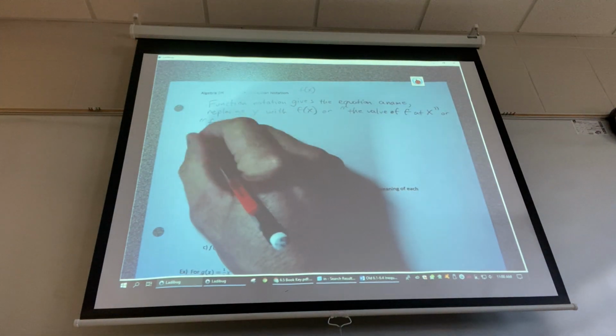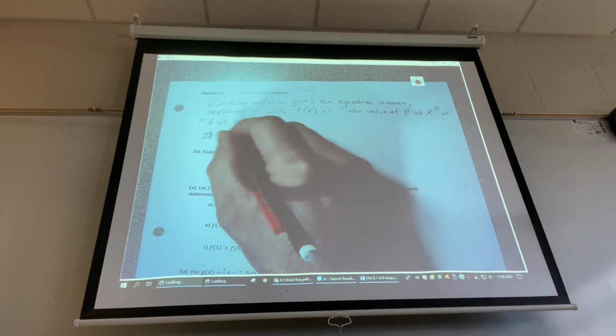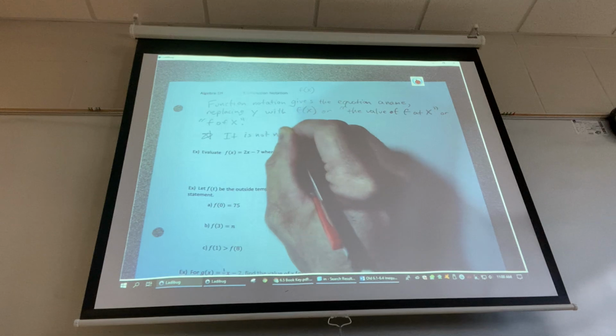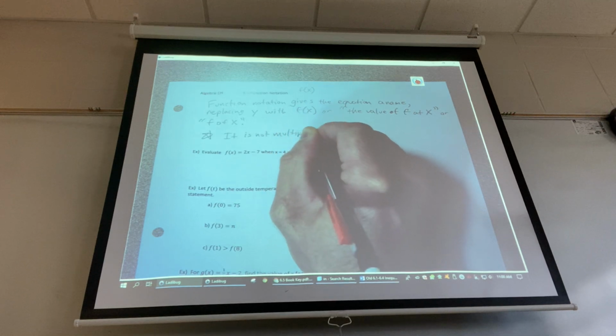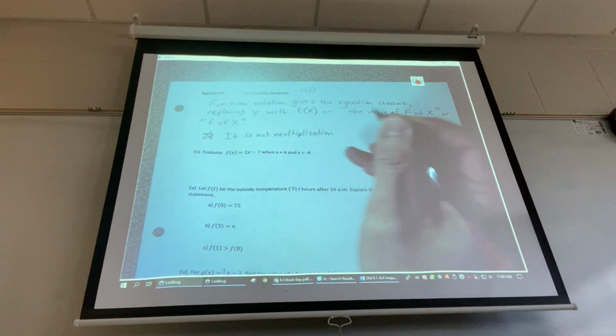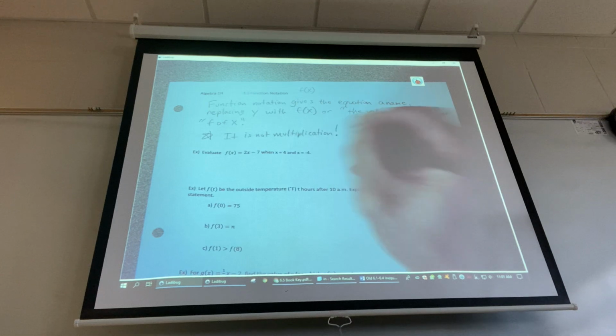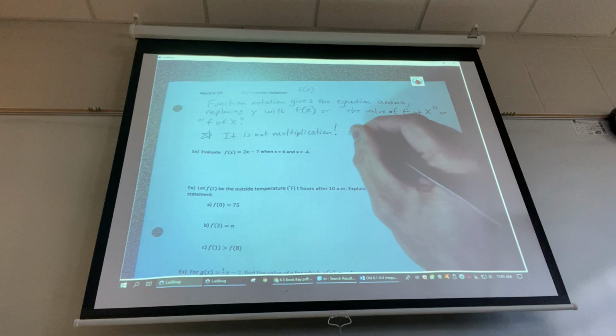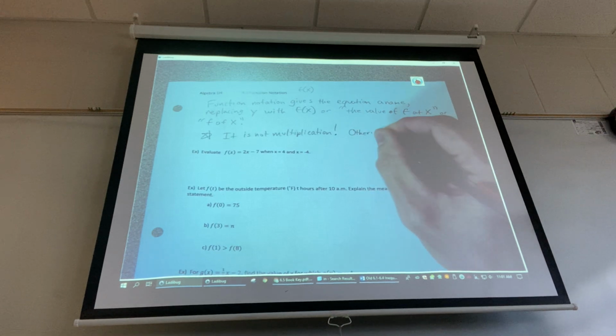So let's put a little star here. It is not multiplication. Also, let's put it in here as well that other letters can be used.